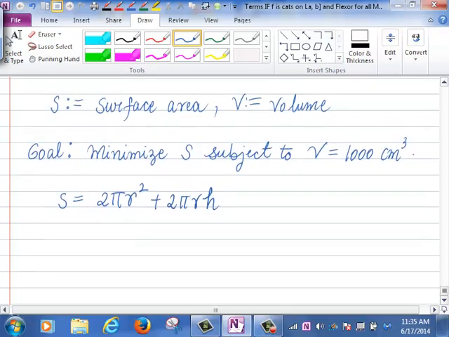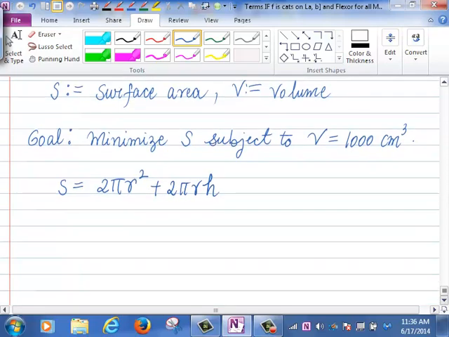And again, the surface area is given in terms of 2 variables, the radius and the height, and we have to express it in terms of 1 variable only. How would I do that? Well, we are given that the volume is 1,000 centimeter cubed. What's the volume of a cylinder?